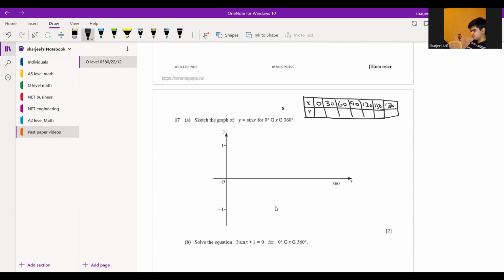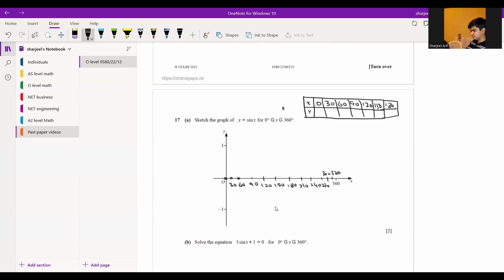You will get the remaining values as well. So 0 is here, 30, 60, 90, 120, 150, 180, 210, 240, 270, 300, and 330.